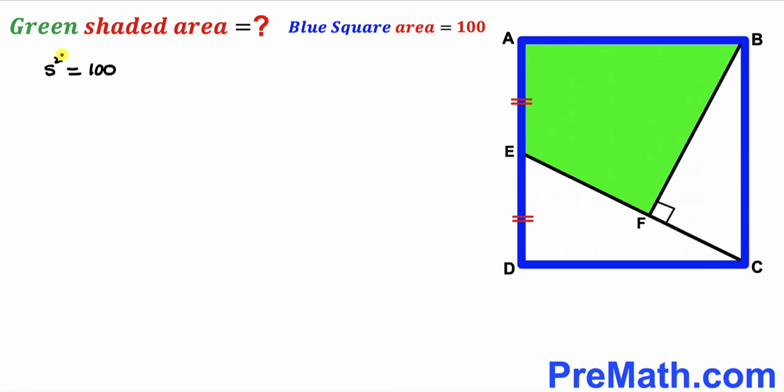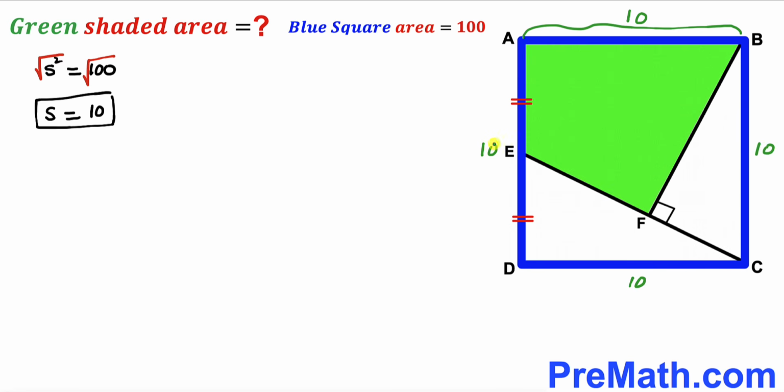Now we undo this square by taking the square root on both sides, so our side length s turns out to be 10 units. Since the square has all equal sides, this side length is going to be 10, 10 and 10 across the board.